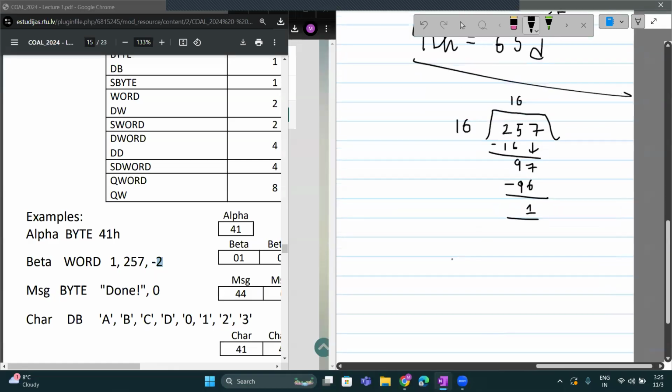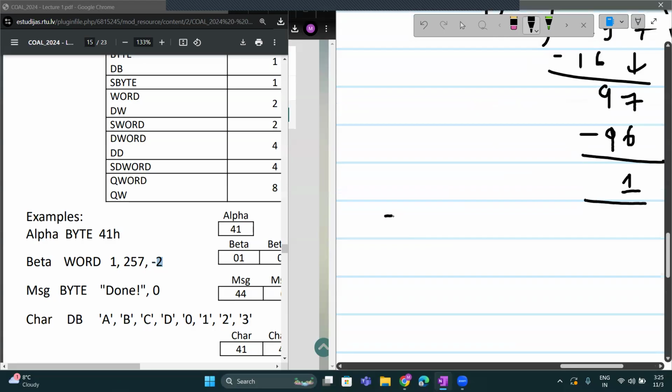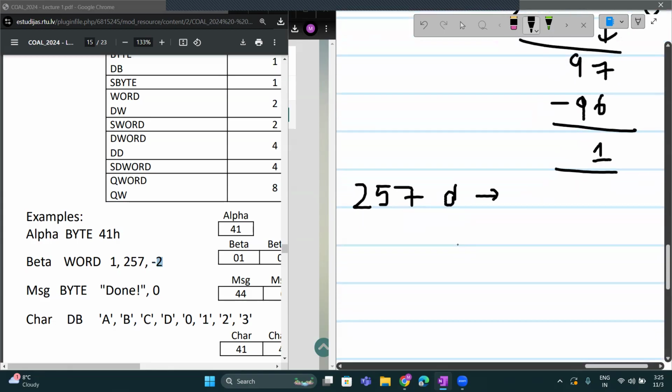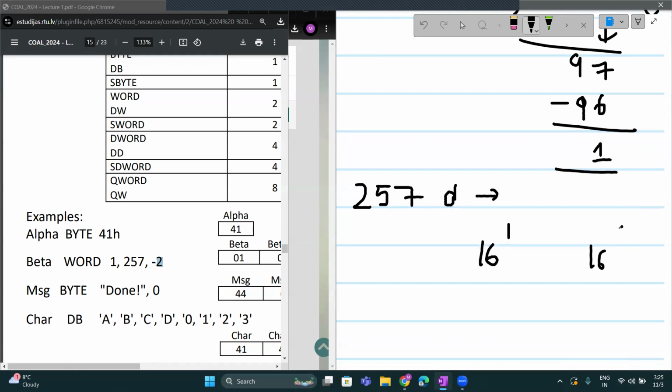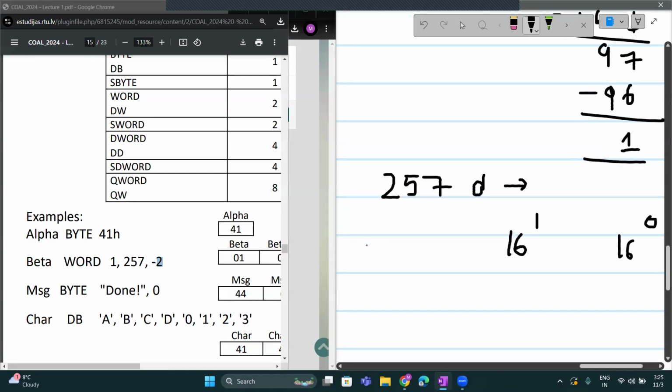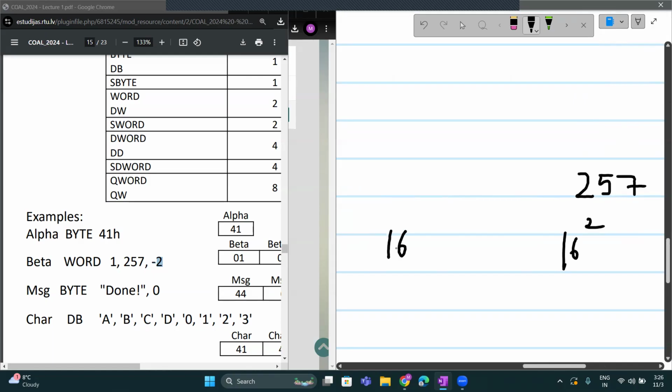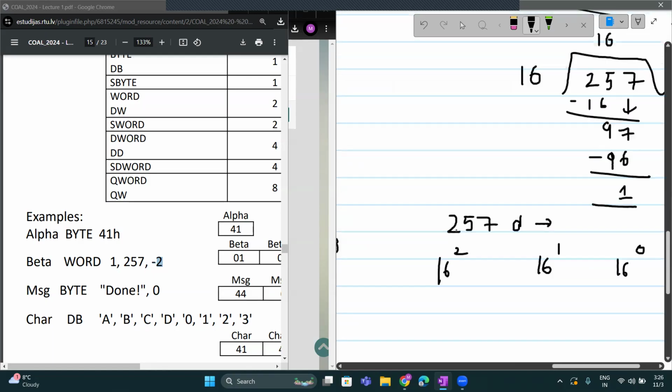Whenever this number is greater than 16, for example, we want to convert 257 decimal to hexadecimal. So we represent it like 16 power 1. There will be 16 power 0. There will be 16 power 2. Or maybe let's just say there is 16 cube as well.